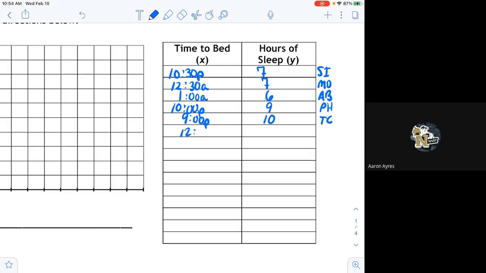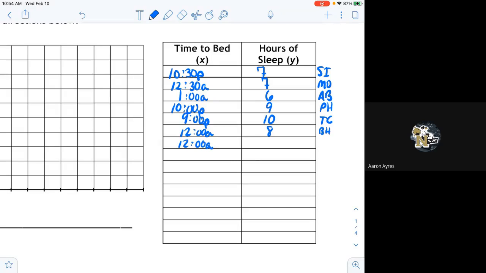Blaze, midnight. Okay. And how many hours of sleep did you get? 8. Okay. And Adam, I need your data. 12 a.m. Okay.